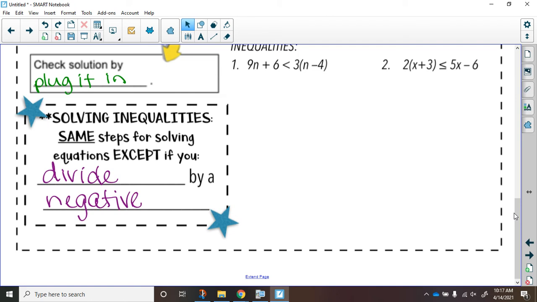My inequality symbol is going to flip. I'm going to abbreviate inequality symbol flips.